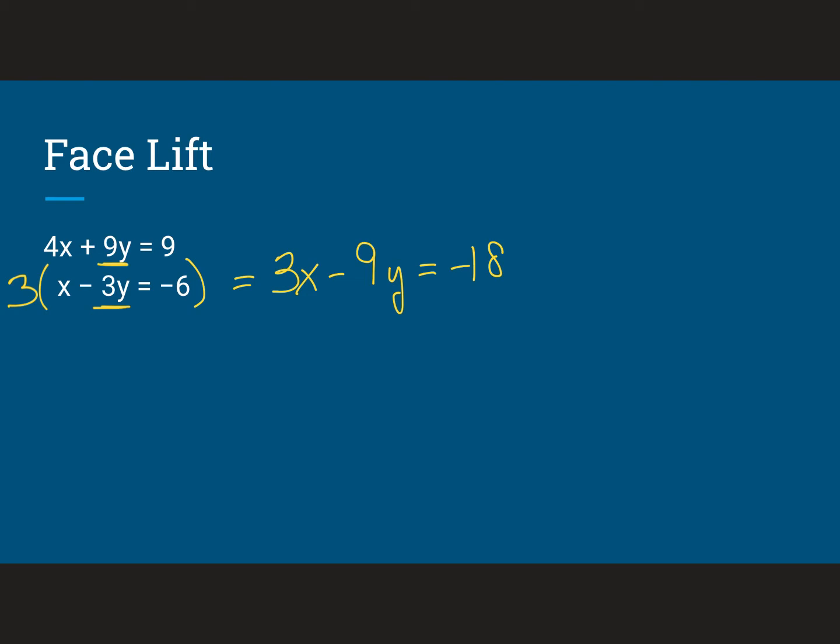I'm going to bring over the top equation, which is 4x plus 9y equals 9. And I'm going to add. When I add these, I get 7x equals negative 9.